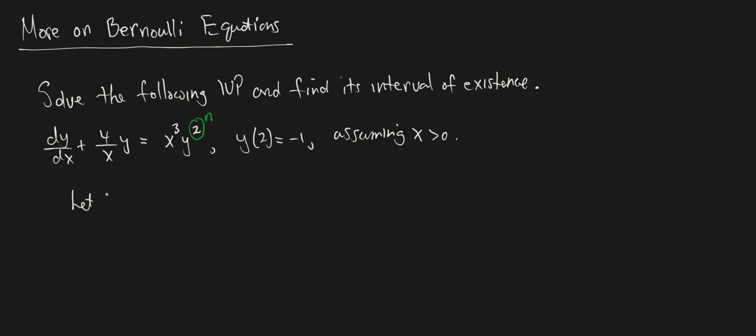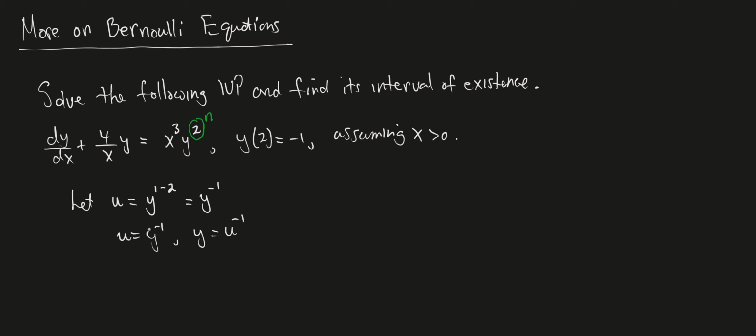Then we're going to use the standard substitution for a Bernoulli equation. We're going to let u be equal to y to the 1 minus n, which in this case is 2. So this says that u is y to the negative first power, which then implies that y is u to the negative first power, because the reciprocal of negative 1 is still negative 1.